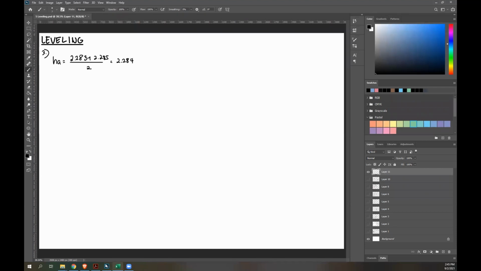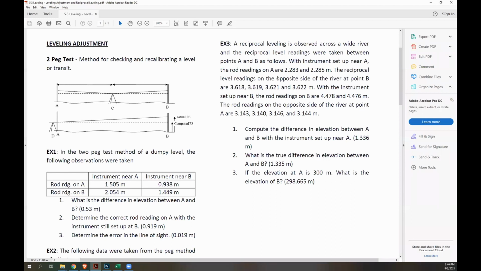Okay, next. The reciprocal level readings on the other side of the river at point B are the following. So again, I'm going to get the average of this to get HB. So that's 3.618, 3.619, 3.621, 3.622.